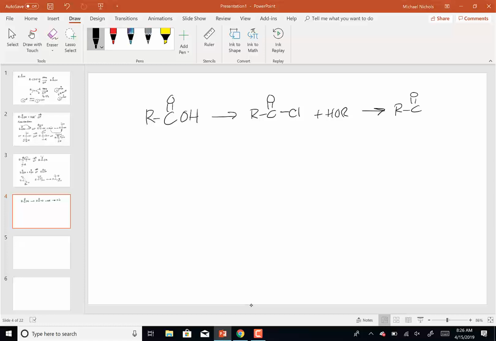And if I do that, I form the ester, and there's no equilibrium. The problem with Fischer esterification is there's an equilibrium between the acid and alcohol and the final ester. So typical Fischer esterification is an equilibrium process.